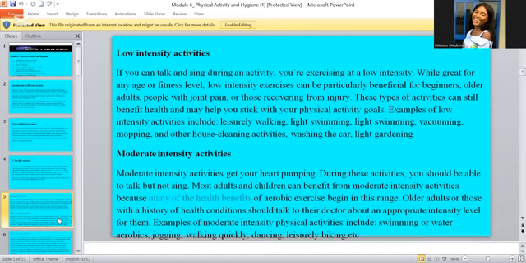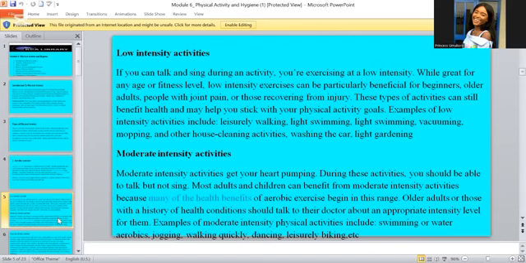While great for any age or fitness level, low intensity exercises can be particularly beneficial for beginners, older adults, and people with joint pains or those recovering from injuries. Examples of low intensity activities include leisure walking, light swimming, vacuuming, mopping, and other house cleaning activities.